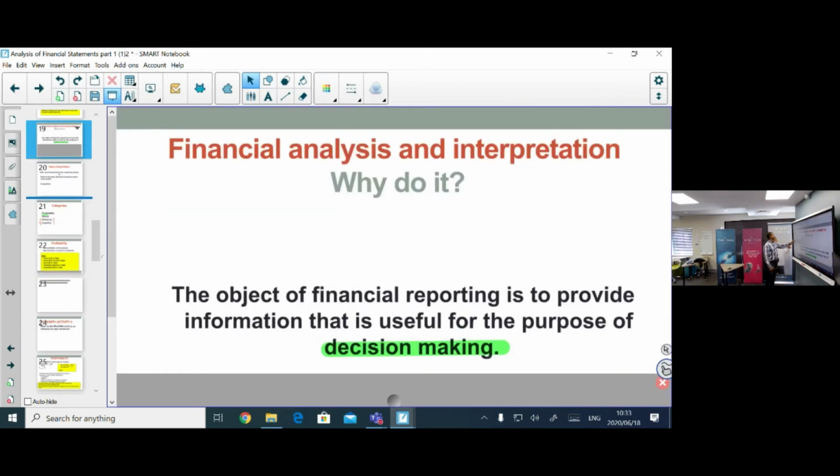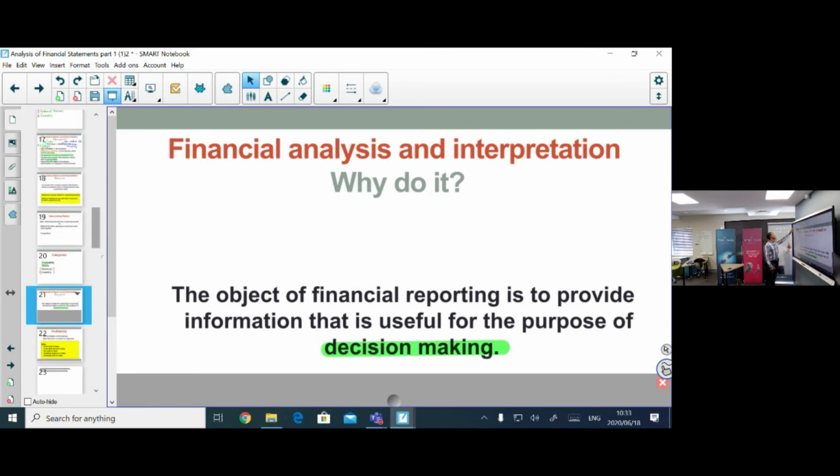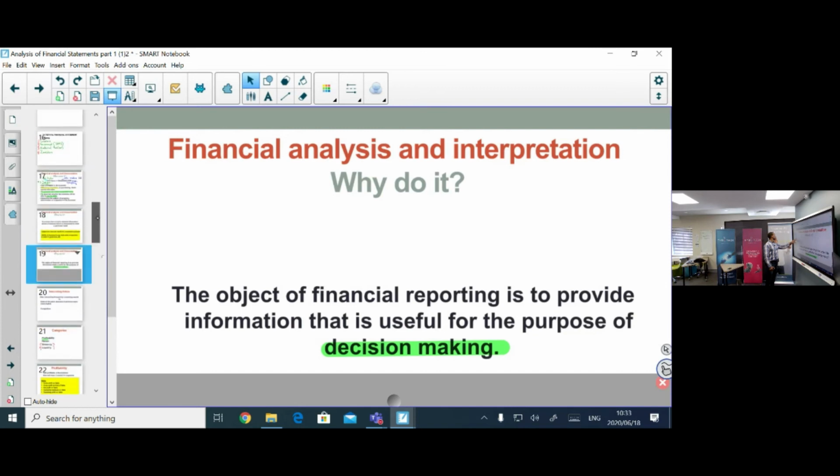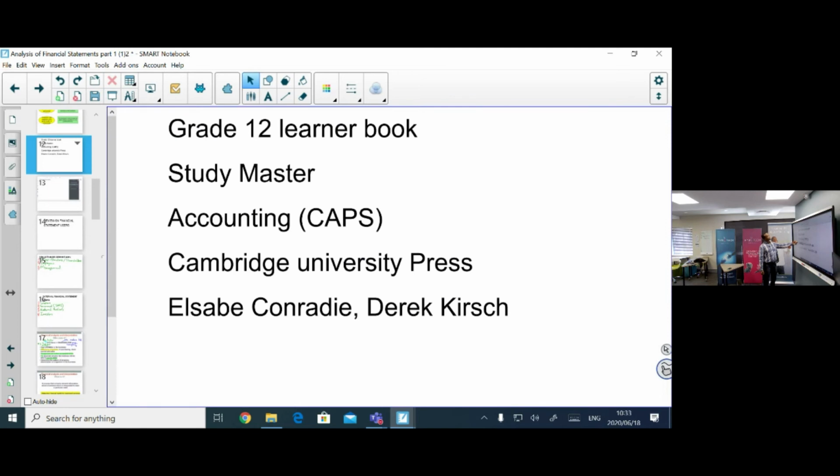I'll try to use this textbook. Where is it? Okay, just a minute. In this textbook here, I think it's mostly used by schools, by grade 12s.